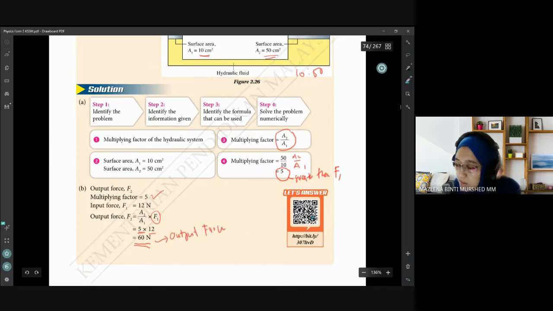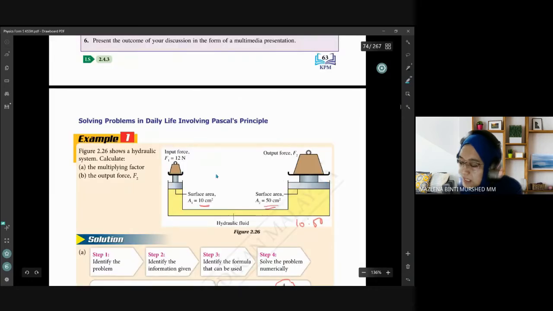So contoh kalau tadi macam hydraulic jack yang Khadijah tanya, contohnya kereta tu kat sini 1200 Newton. So berapa force yang kita nak bagi? So since kita tahu dia punya multiplying force is 5, kita darabkan dengan 1200, kita akan dapat ni F1 lah.